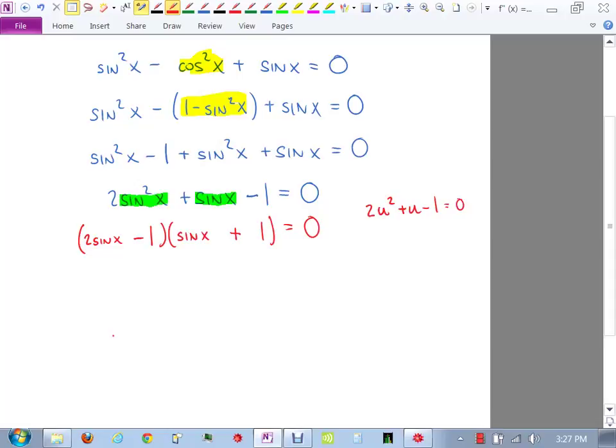So that's pre-cal stuff, trigonometric equations. Set them both equal to 0. 2 sine x minus 1 equals 0. Sine x plus 1 equals 0. Sine x equals 1/2. Sine x equals -1.